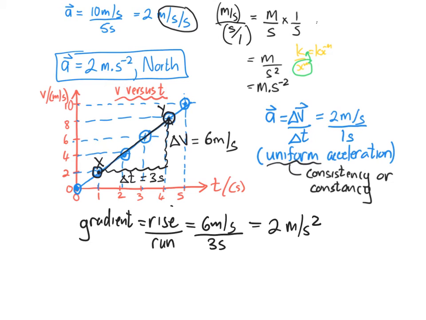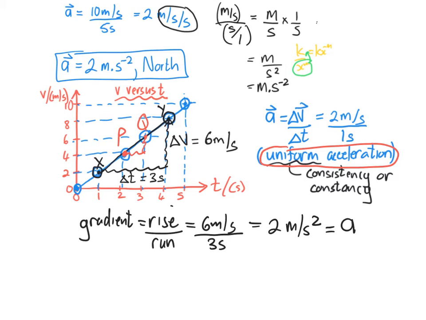But this is the acceleration. This is just a. And so if we had chosen 2 different points, let's say for instance point P and point Q, and we had worked out the rise over run between those 2 points, we would get exactly the same value. And that's because of the fact that the acceleration is uniform.